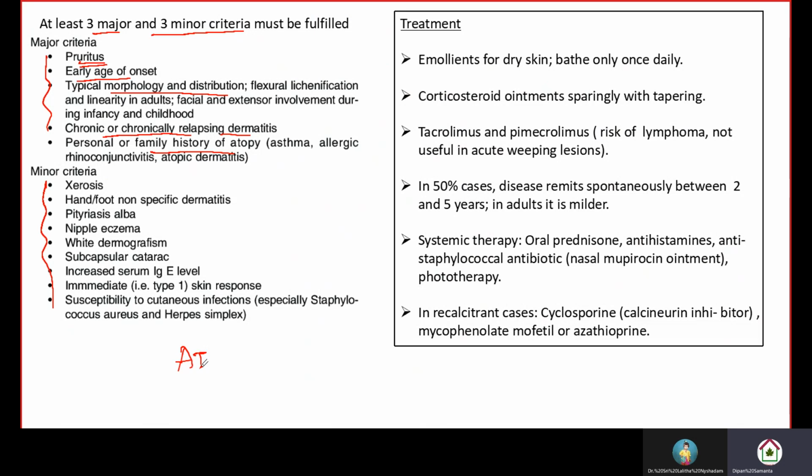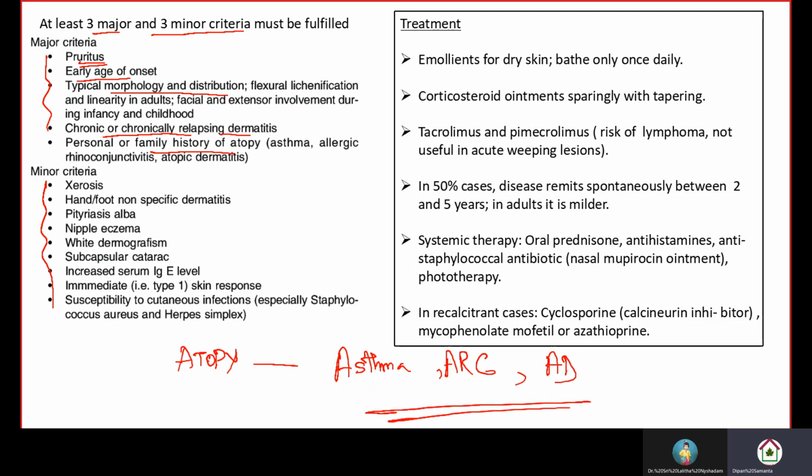Atopy means allergic, eosinophilic, IgE mediated reactions. All are IgE mediated reactions: asthma, allergic rhinoconjunctivitis, atopic dermatitis. History of allergy runs in the family.